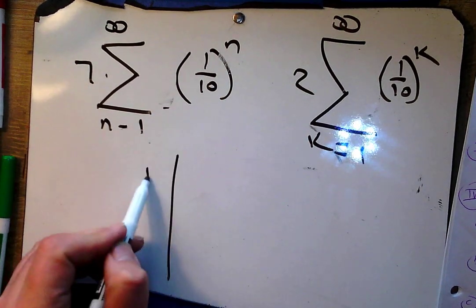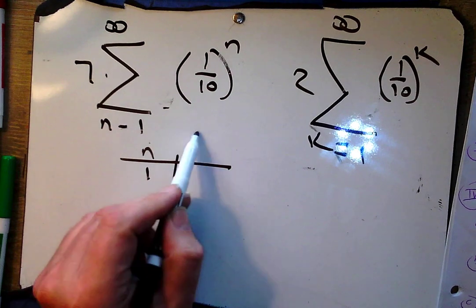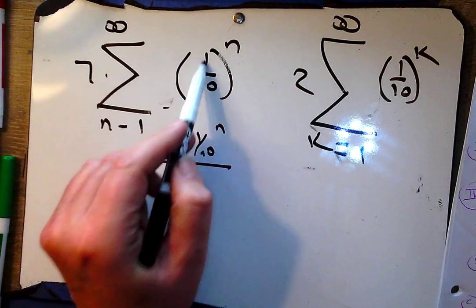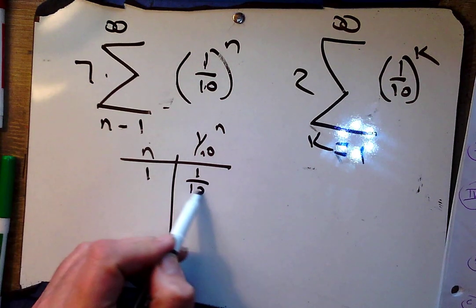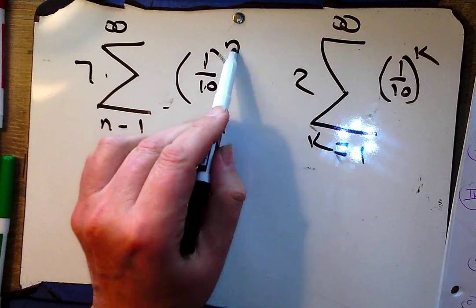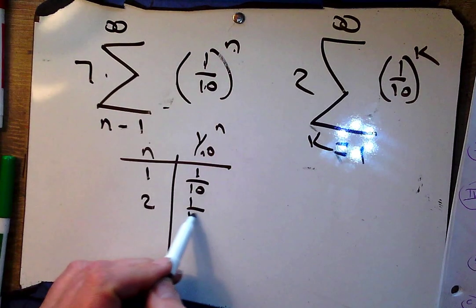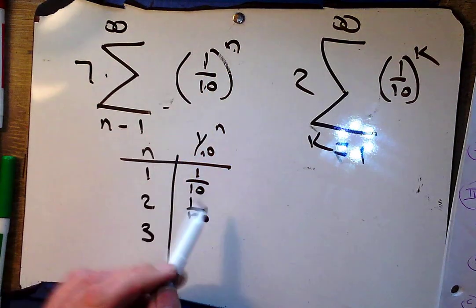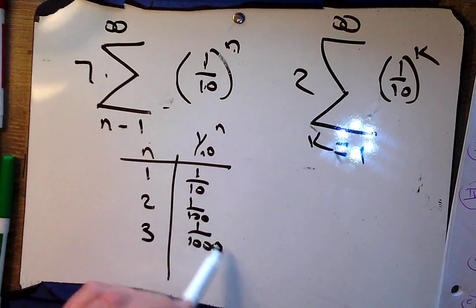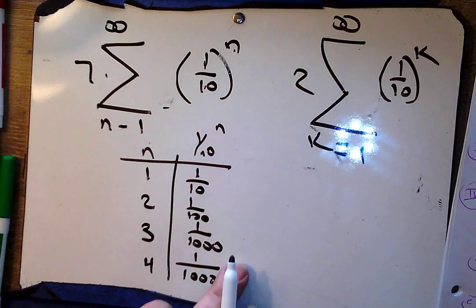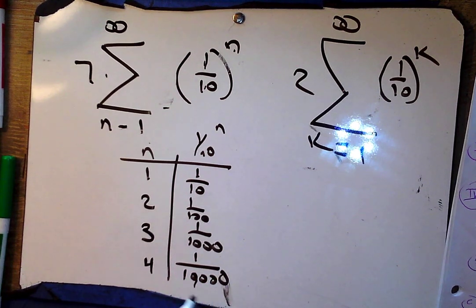If I plug in a 1, what am I going to get? I'm going to get 1/10 to the 1 is 1/10. And if I plug in a 2, I get 1 over 100. And if I plug in a 3, I get 1 over 1,000. I think we know where this is going. 10,000. Good.